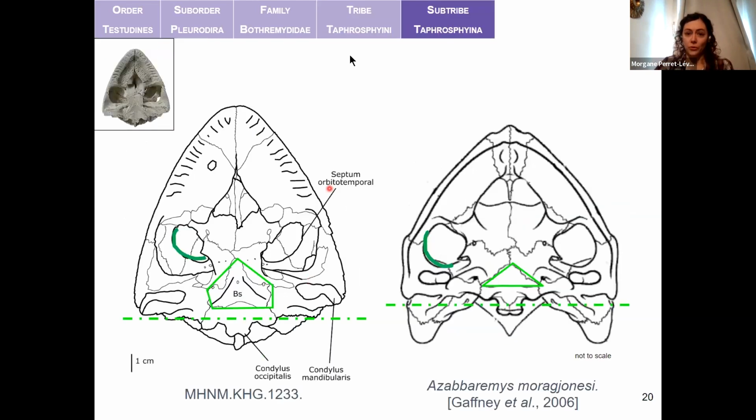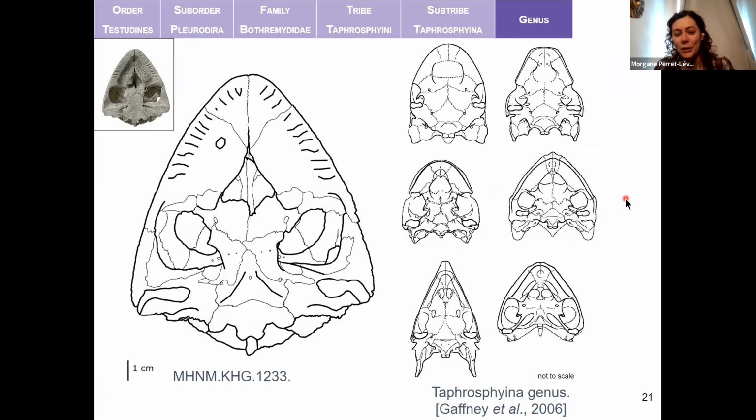So the closest subtribe we can find is Taphrosphyina. As you can see, the shape of the basisphenoid is triangular or pentagonal. The condylus occipitalis is posterior to the mandibularis, and also this fossa is open. I'm sorry, I'm watching the time.